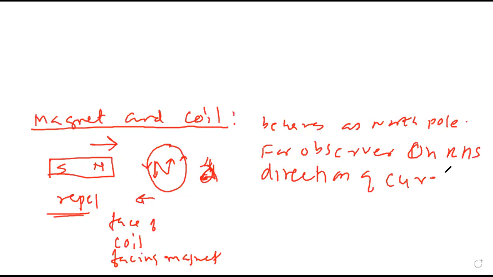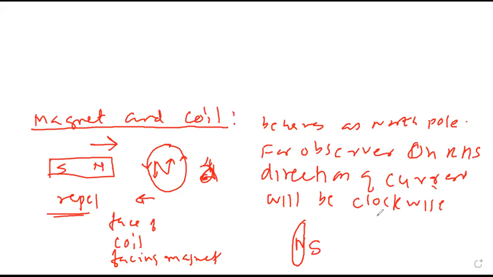Clockwise, because for him it will appear like south pole. For this front face it is north, but this side is south. The face towards the observer will behave like south pole. Very important part, from where you are looking.